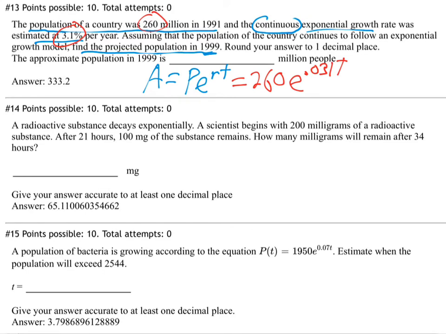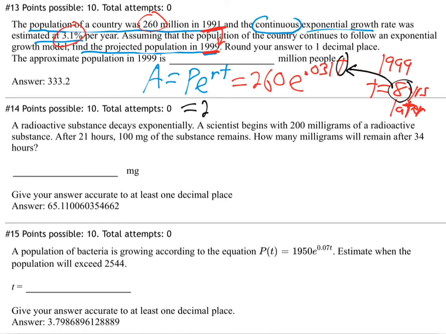Now remember, in these science problems there's always a starting time. They started in 1991, and they're asking about 1999. 1999 is t equals 8 years later. So you always have to know there's always a starting time. That's 1991, and they're asking about 1999. That's 8 years later. Grab that 8 and plug it in right there for t.